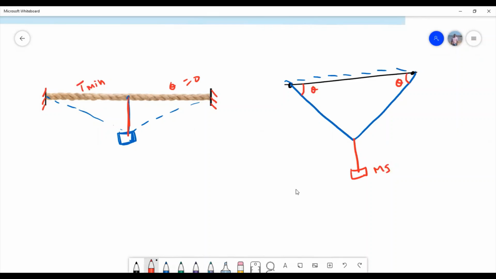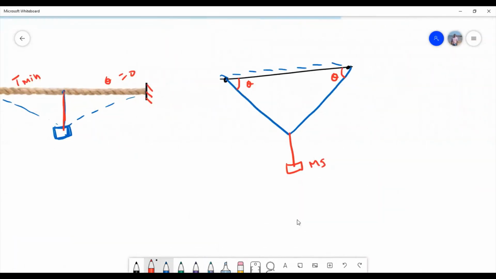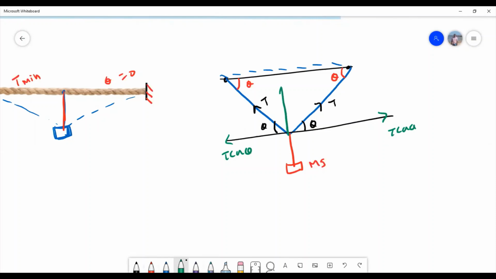The same logic that we have done in the previous case. Again, you draw a parallel line here, and this is tension, this is also tension, and this is theta, this is also theta. So when you resolve into components, this is T cos theta, and this is T cos theta, and for this one, vertical component is T sin theta.